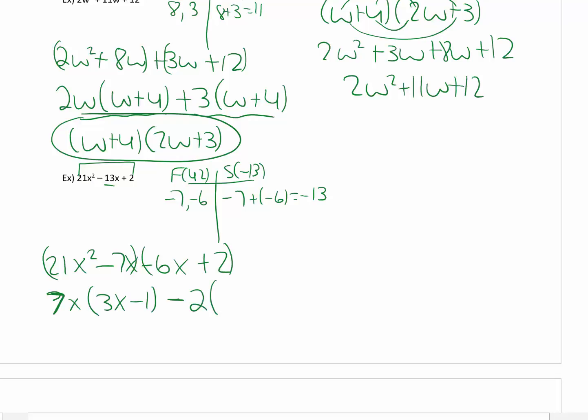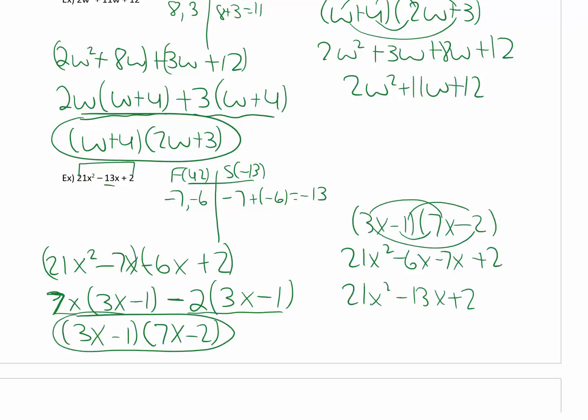So negative 6x divided by negative 2 is a positive 3x, and 2 divided by negative 2 is a negative 1. Both of these larger terms now have a factor of 3x minus 1. When I divide that out, I'm left with 7x minus 2. On the side, I'm going to check by multiplying to make sure I have the correct answer. You can see when I multiply the 2 factors, I get back to the original trinomial.